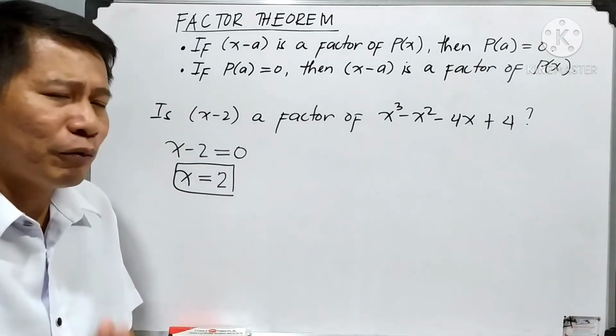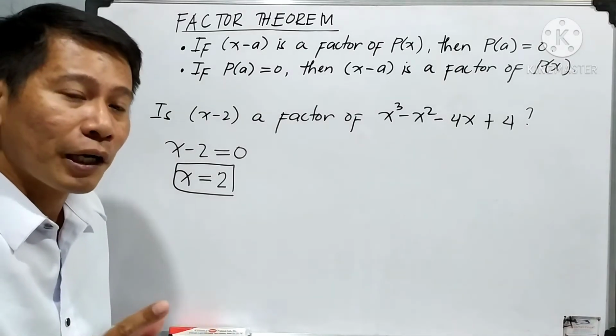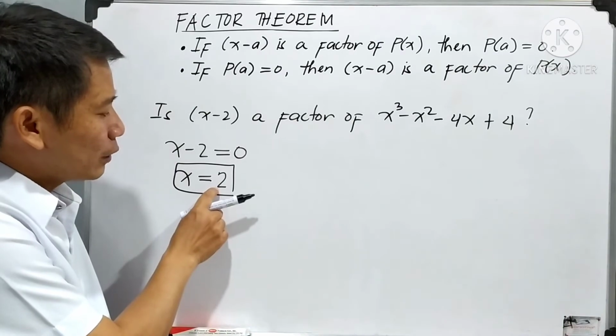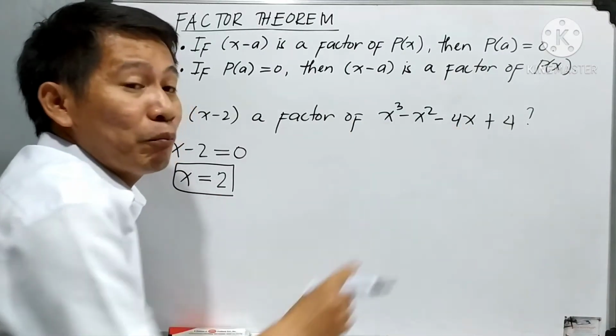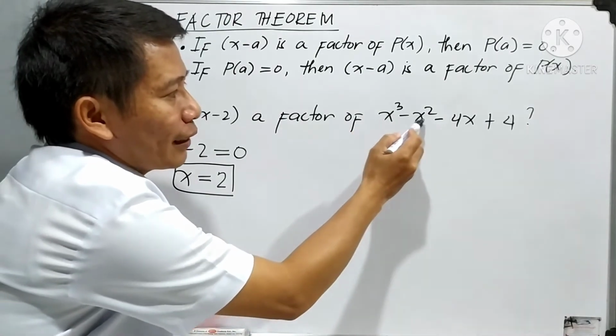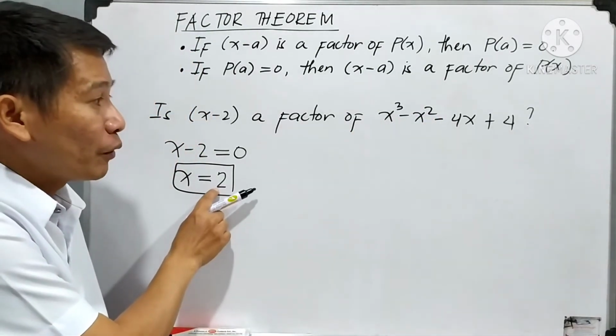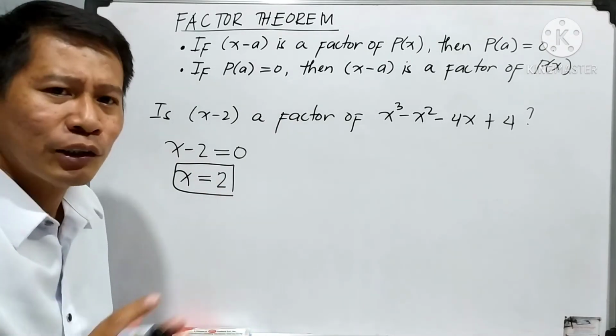Now, what are we going to do next? All you need to do, applying the remainder theorem, is just plug in this 2 in your given polynomial. What does it mean? All the variable x here will be replaced by this 2 and evaluate. So let's do it.